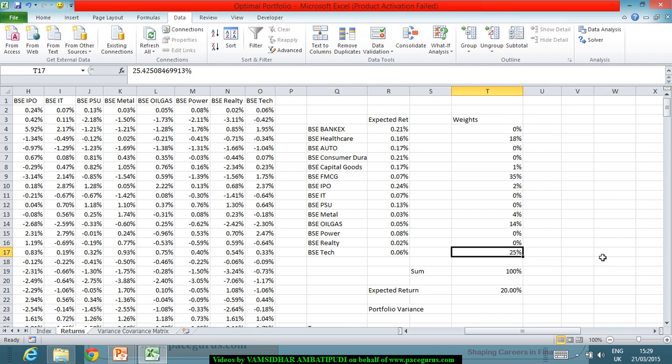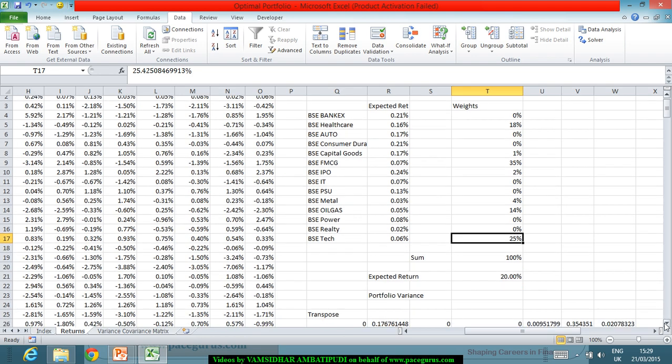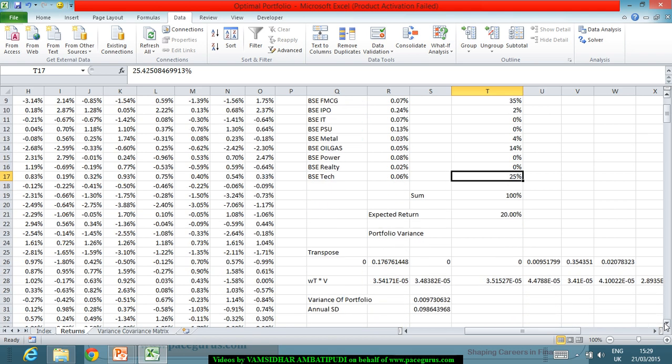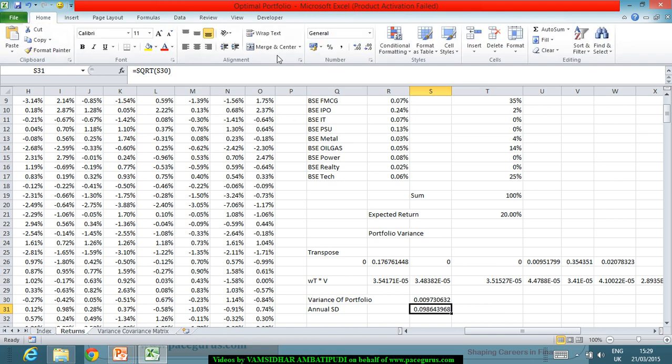That can generate an expected return of 20%, which is minimizing your variance on the other side. Your standard deviation is only 0.098, or with 9.8% standard deviation you are able to generate a return of 20.